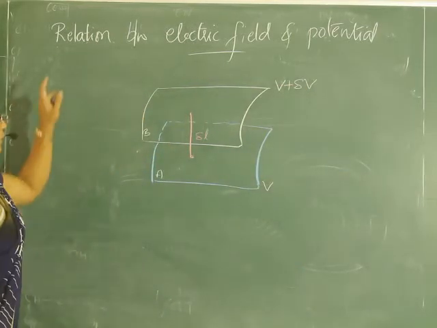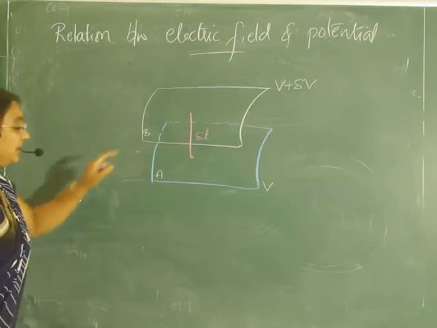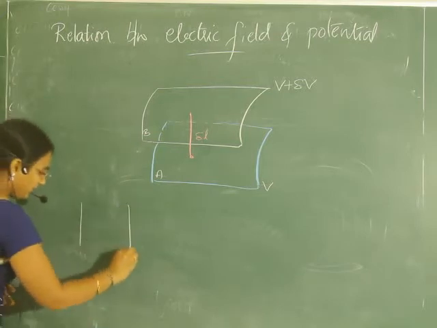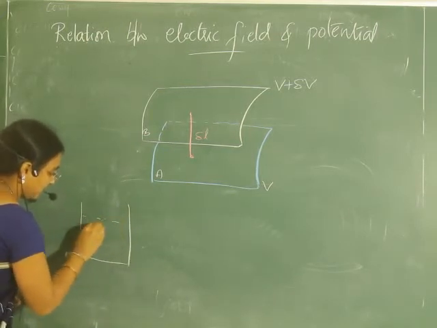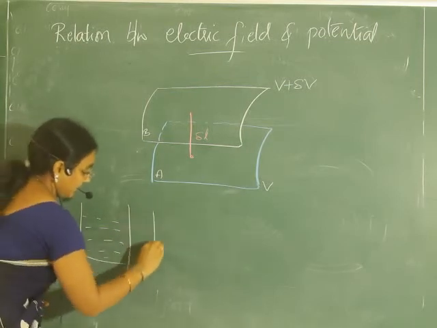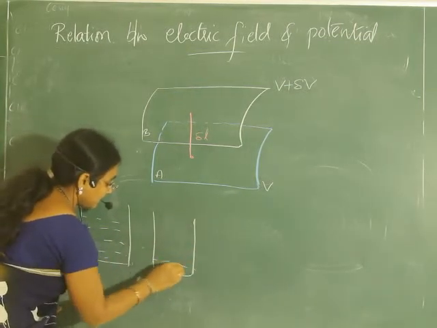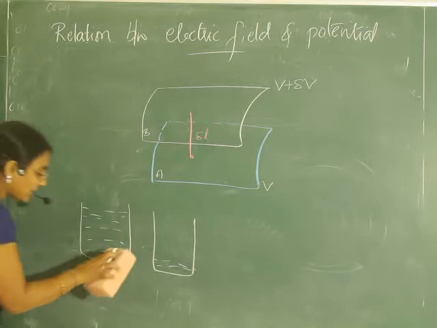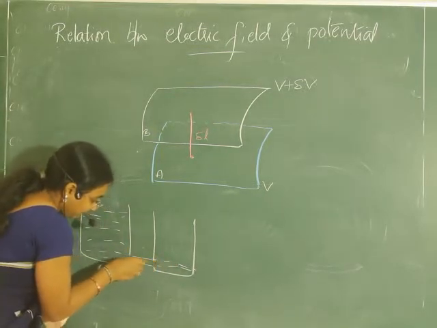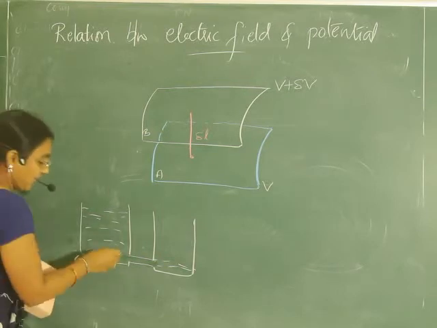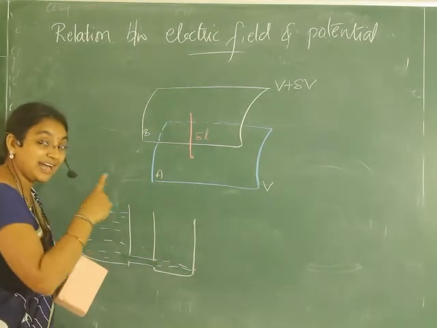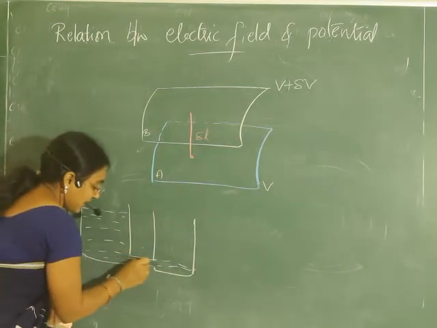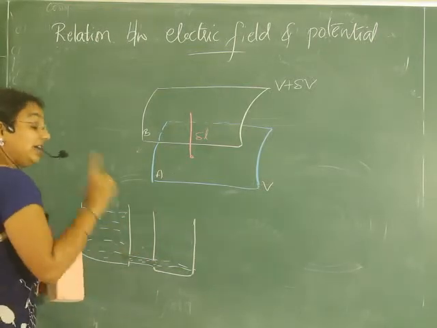Before moving to this concept, I will help you with a small example for understanding it. If we have two water tanks, one filled and another partially filled, and I make a connection from one tank to the other, water will start moving from the filled tank to the partially filled tank.